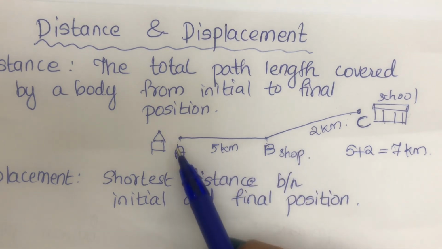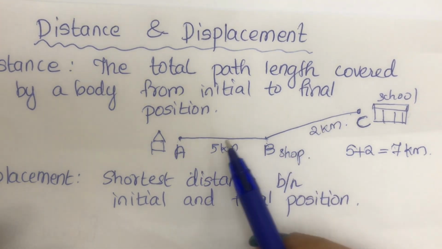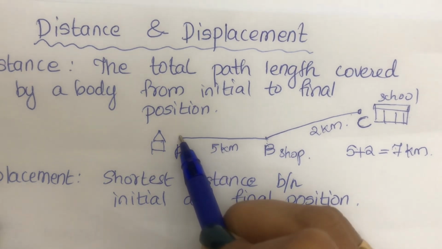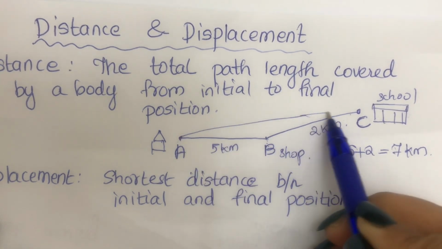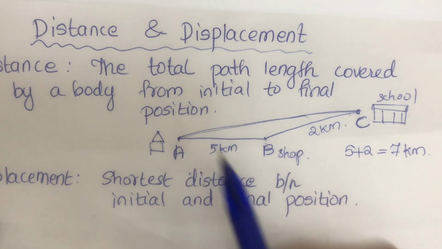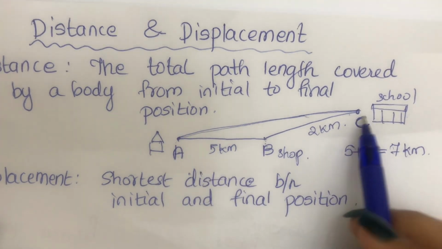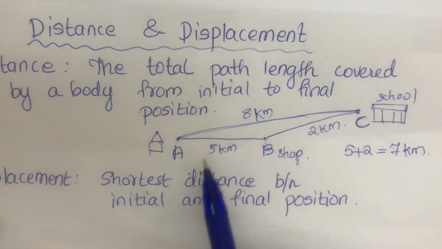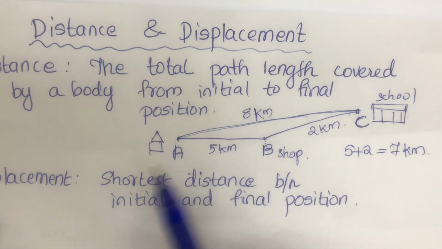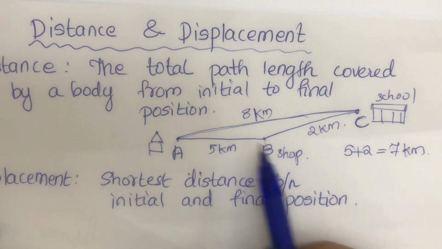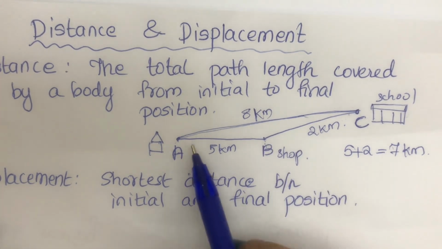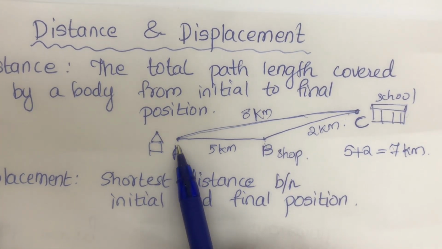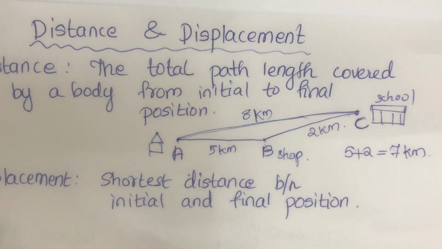Shortest distance between A and C, initial and final position. So the distance between A and C, which is the shortest distance, say it is 8 kilometer. Okay, so this is the displacement. We will not consider wherever you go, that is not the problem. The problem is only the initial and the final position.